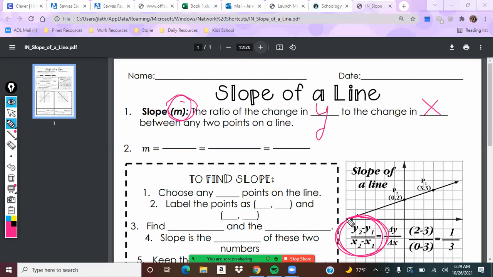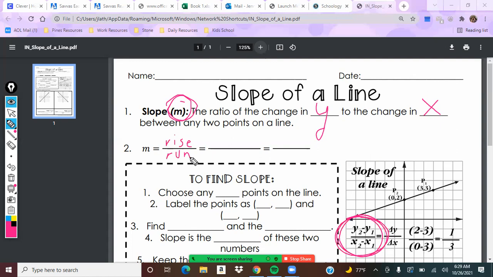So, like I said, they like to use the term rise, which is just the up or down of the line, over run, and that's the right or the left. So the rise theoretically would be what's happening on that y-axis, because remember, our y's go up and down. And the run is what's going on the x-axis, how many points right or how many points left your line is moving.